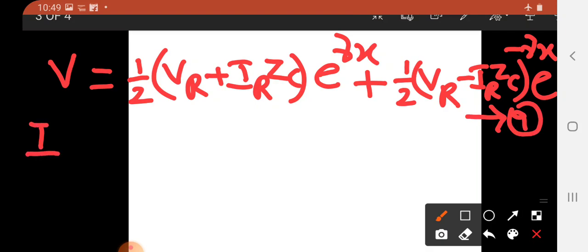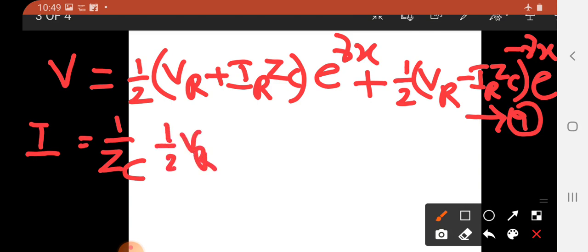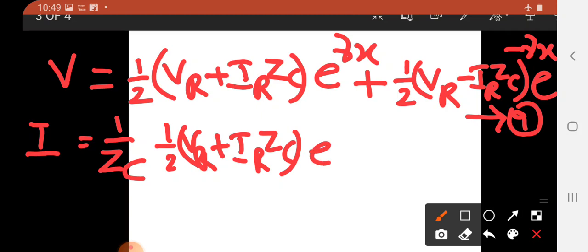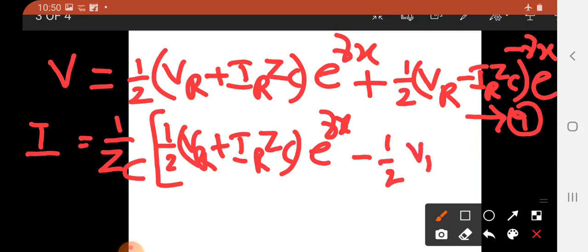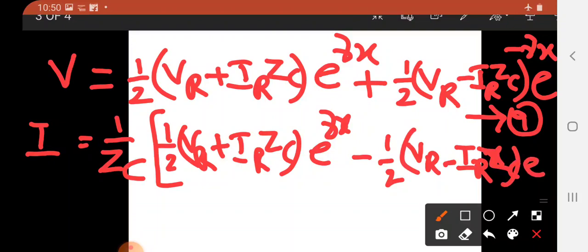I is equal to 1 by ZC into A1, which is 1 by 2 into VR plus IR into ZC, whole into e power gamma x, minus 1 by 2 into VR minus IR into ZC, e power minus gamma x.